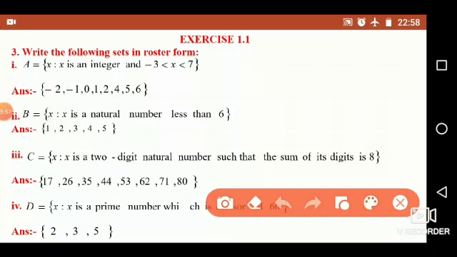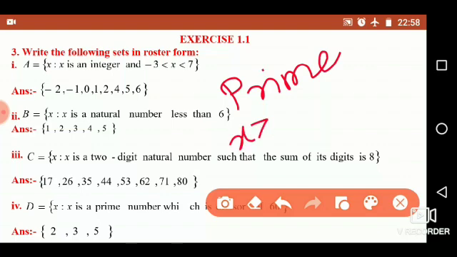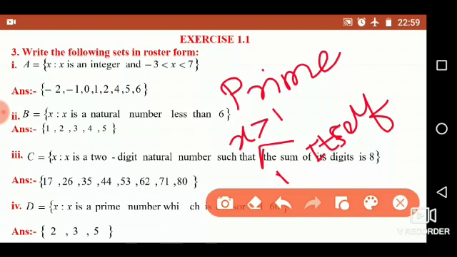Dear students, let me explain what a prime number is. A number greater than 1 that has only the divisors 1 and itself. Such numbers are called prime numbers. A number greater than 1 and it has the factors 1 and itself. Such numbers are called prime numbers.